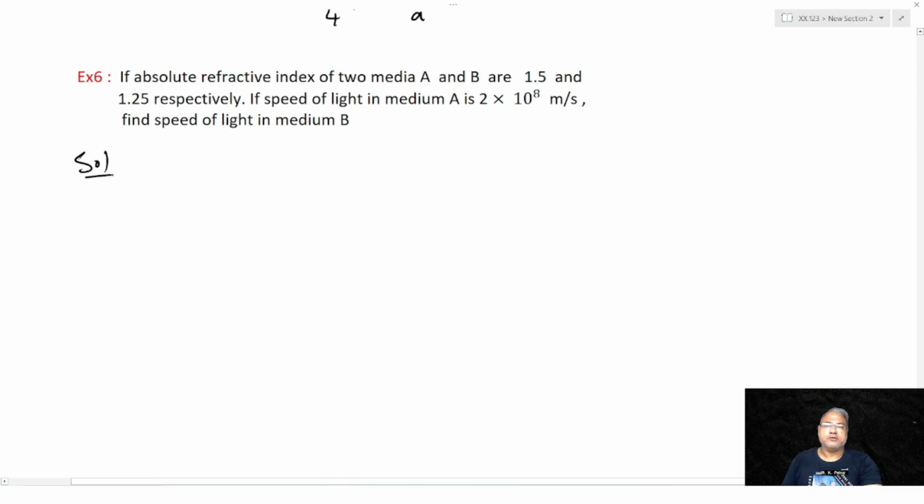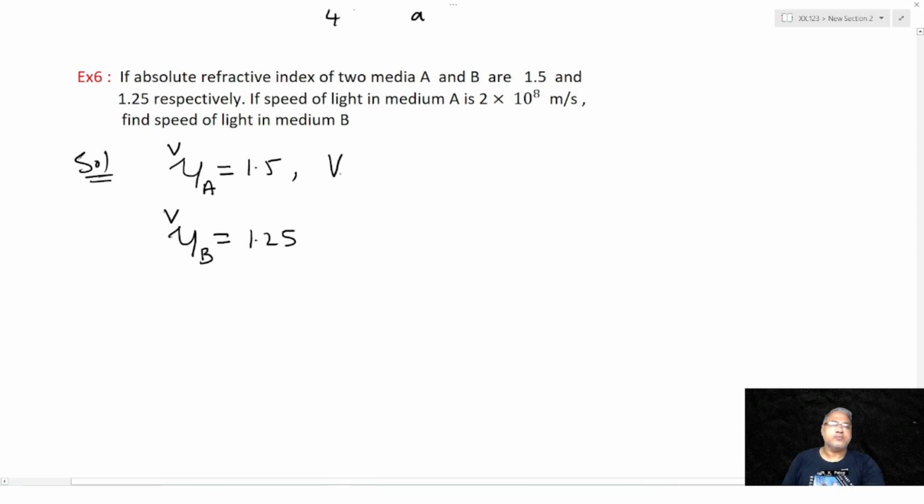Here is the solution. We have two media, medium A and medium B, with absolute refractive indices. The refractive index of medium A with respect to vacuum is given as 1.5, and the absolute refractive index of medium B with respect to vacuum is given as 1.25.